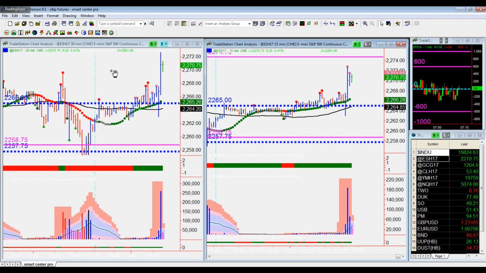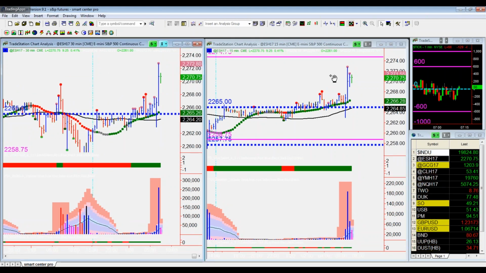That was one of those wait-and-sees on the 15 and the 30. Something to really correlate though. Gold, when the S&Ps go up, gold has pressure on it. Intraday stuff. When the S&Ps go down, gold tends to lift. So really want to correlate the two.